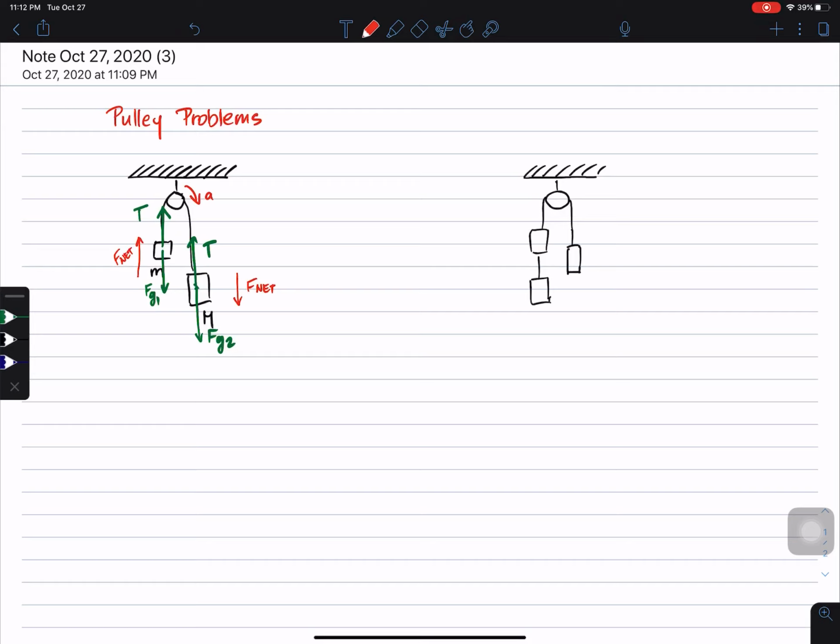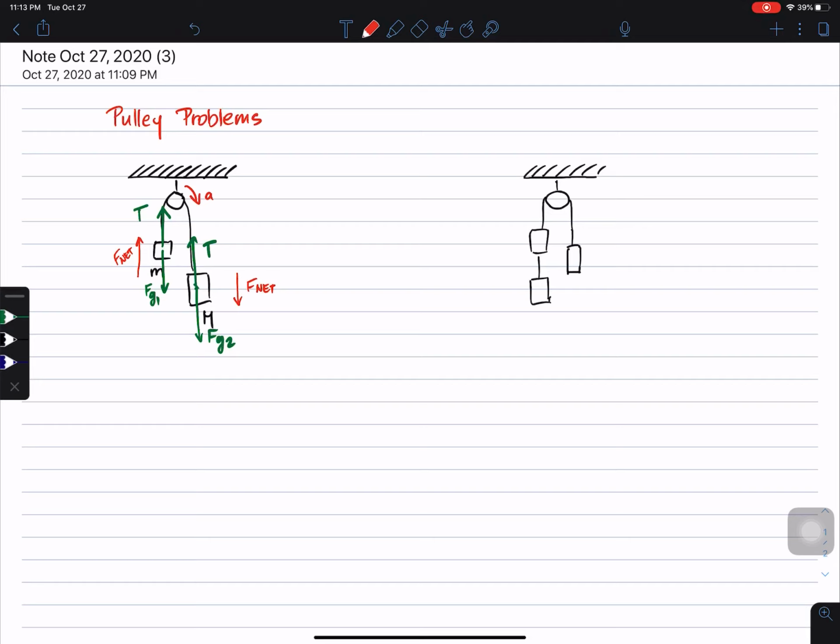And if I decided this direction wrong, at the end I would come with negative values. But if this is heavier, it's a no-brainer that it's going to move down that way.